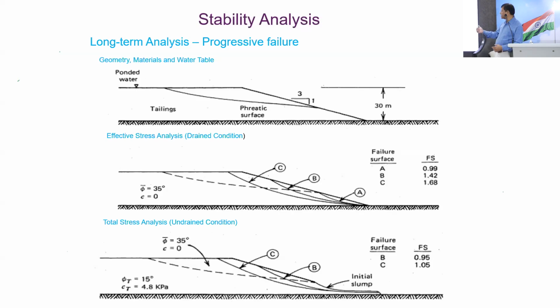So under undrained conditions, you will have the total stress. Under drained condition, we call it effective stress condition. So under total stress condition, you also have a total friction angle and a total cohesion C, which is the same as the Su, undrained shear strength.